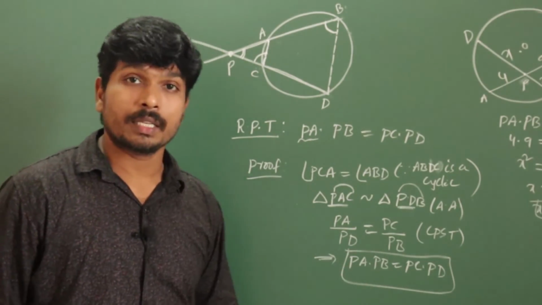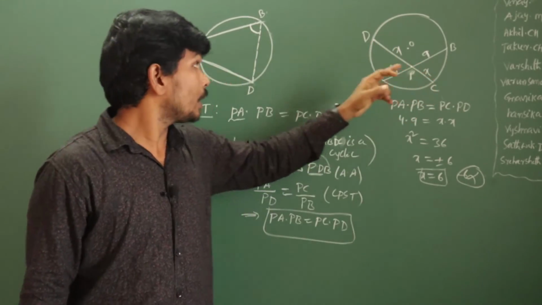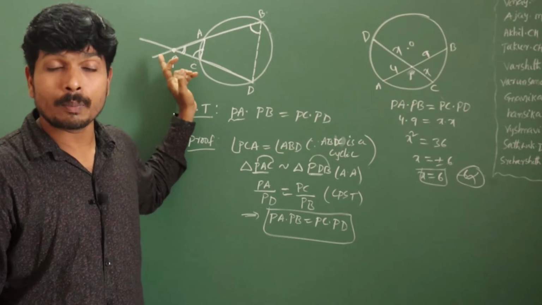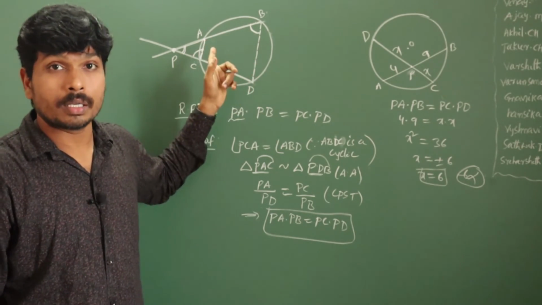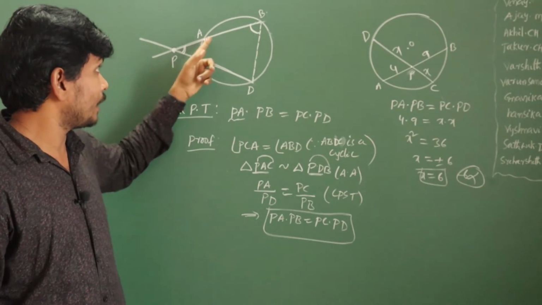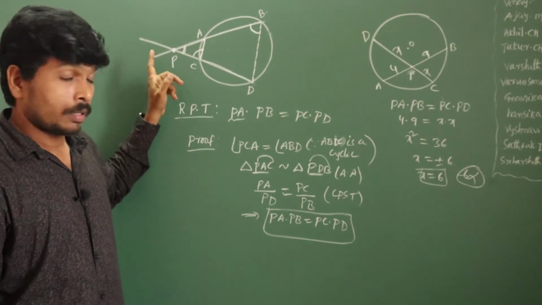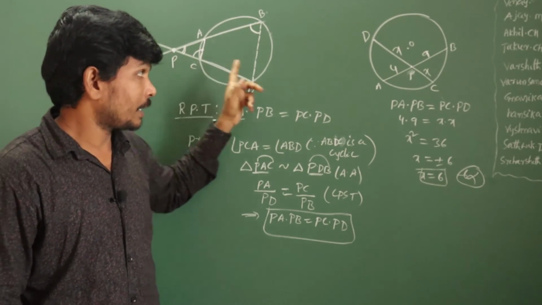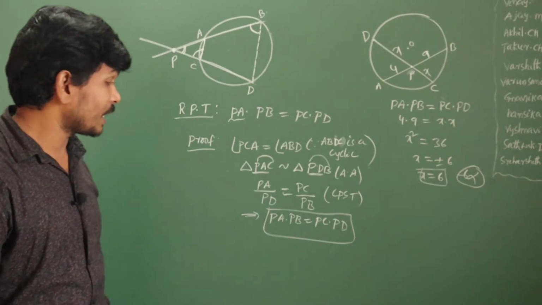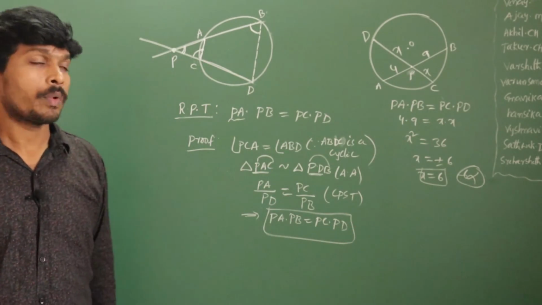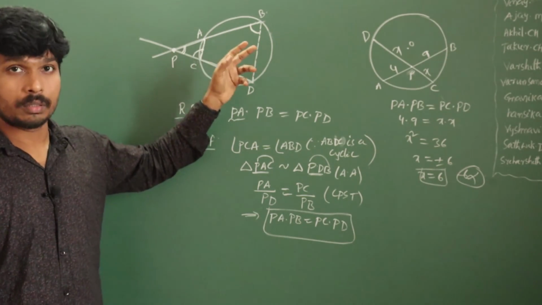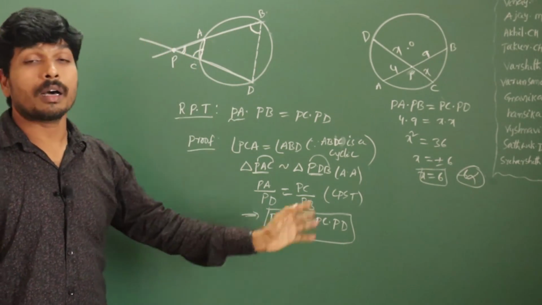This is your result. Whether it is an interior point or an exterior point, the point formed by intersecting the two chords, or when both chords are extended to get an external point, your result is PA into PB equal to PC into PD. The products of the parts when they intersect are the same.